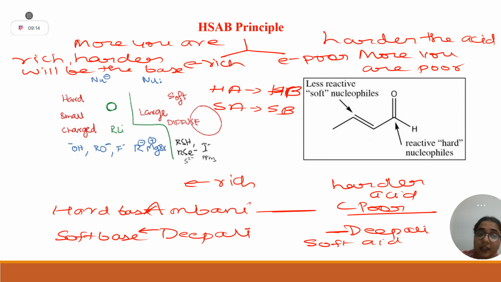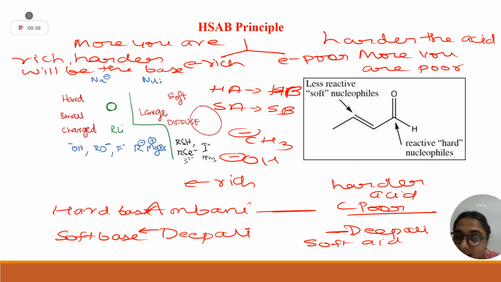Yes, ma'am. Now let's say you are given two examples. For example, you are given CH3 negative and you are given OH negative. Can anyone tell me among these two carbanions which is harder base? OH minus. Here you are wrong.